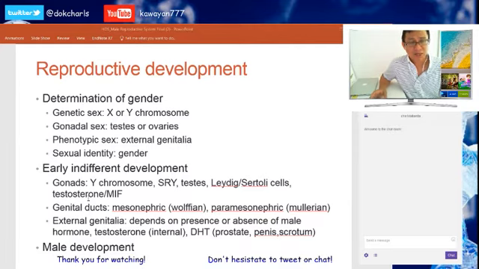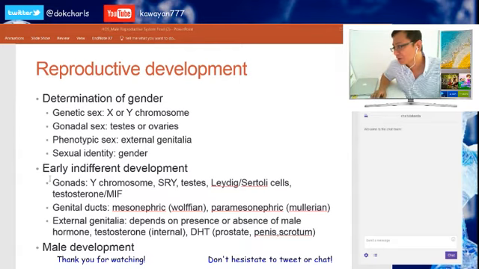So the SRY gene is not activated until the 7th week of embryonic development. Reproductive organs undergo an initial common stage of development beginning in the 5th week. So beginning in the 5th week, there is a development of the reproductive organ, and this is called your indifferent stage.